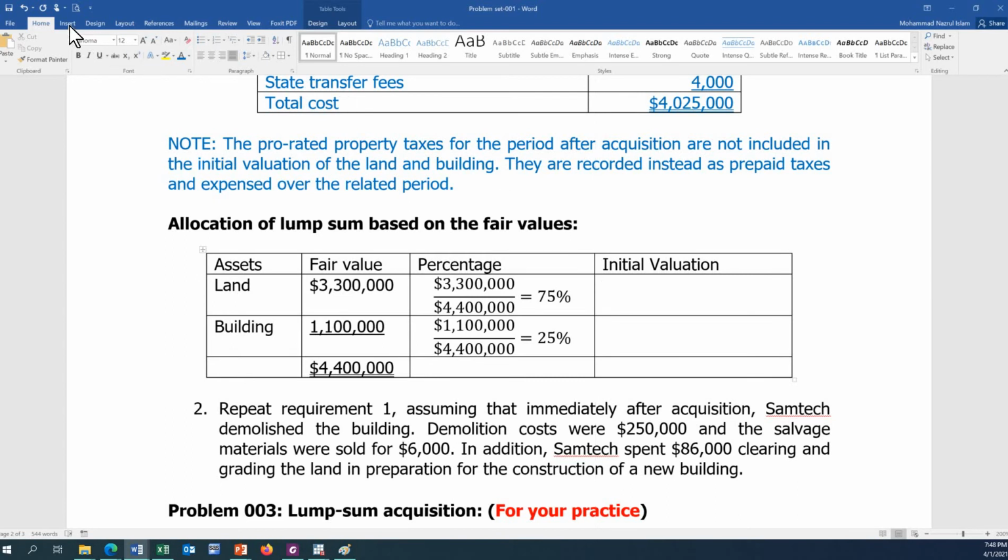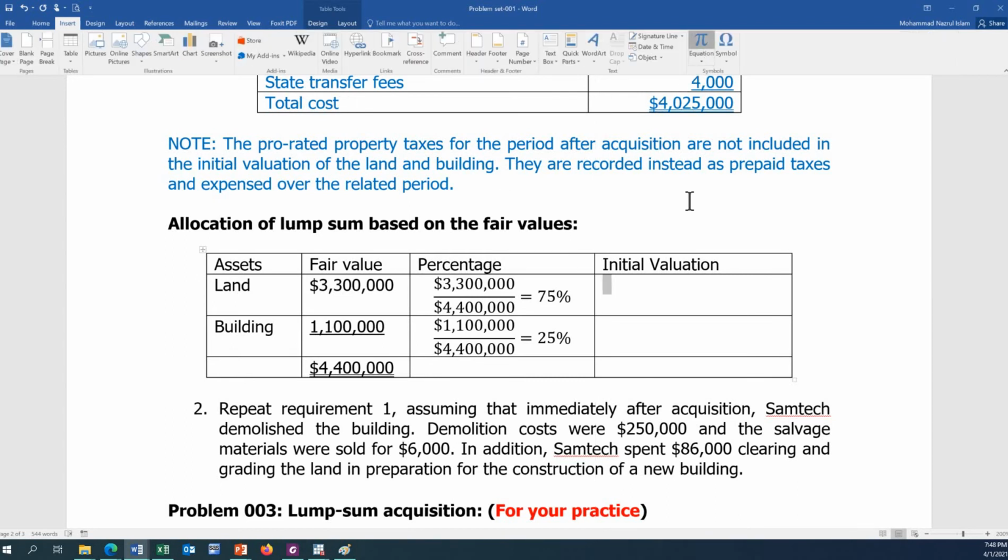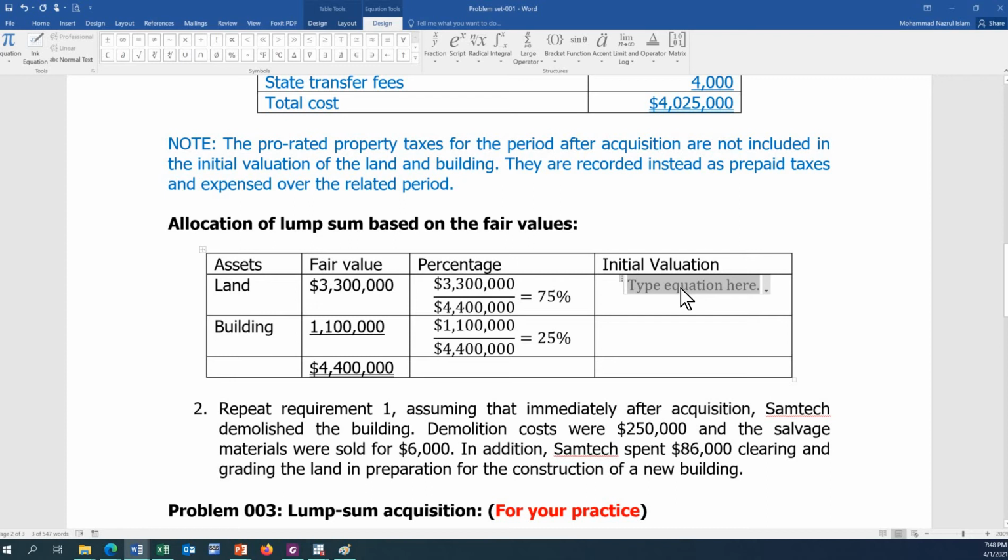Okay, so now it should be equal to 4 million, sorry, it should be 4,025,000, correct?